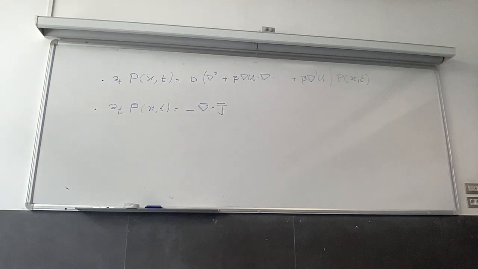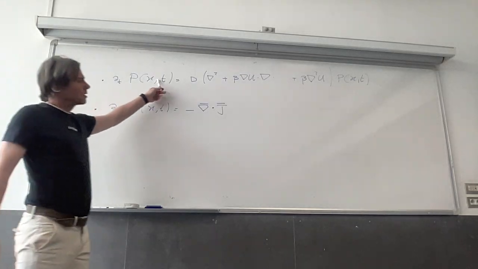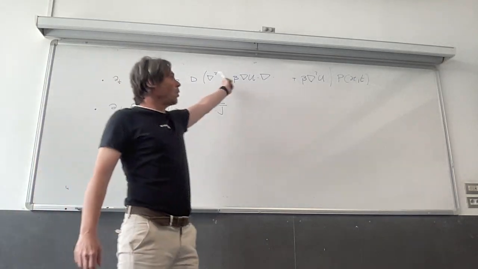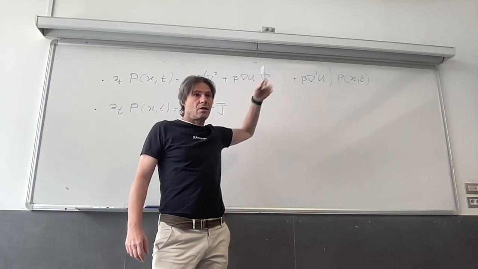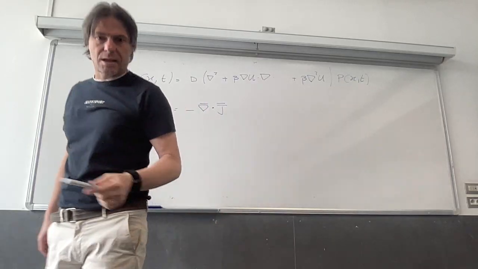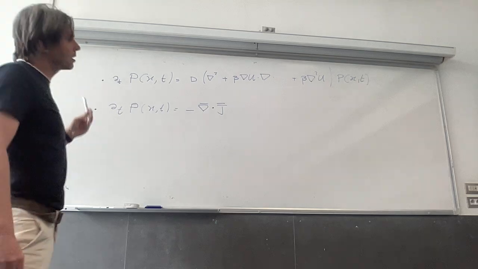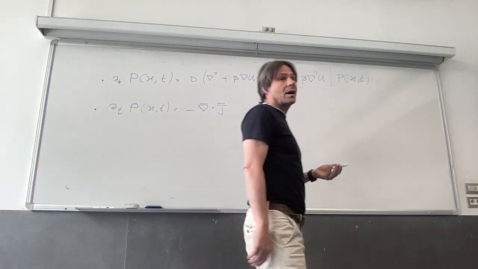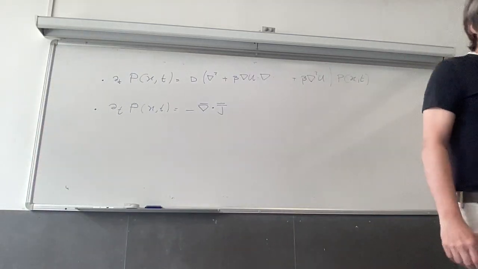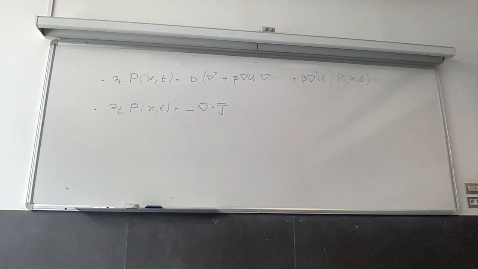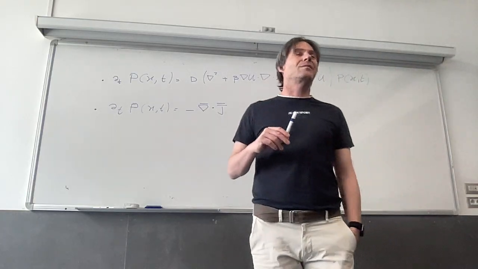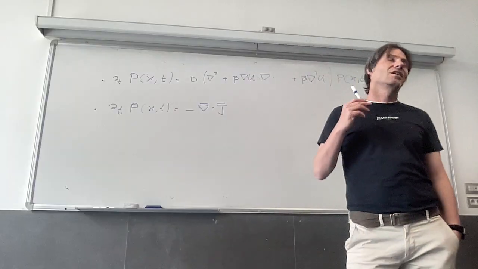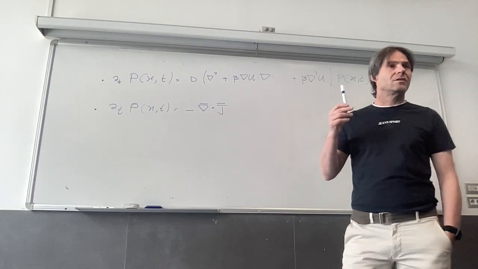So even though the Fokker-Planck equation is written in terms of an operator that is not Hermitian, and therefore, as we discussed the other lecture, does not necessarily conserve the number of particles, probability. It's a very special non-Hermitian operator.